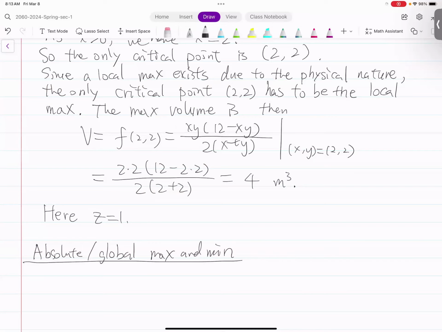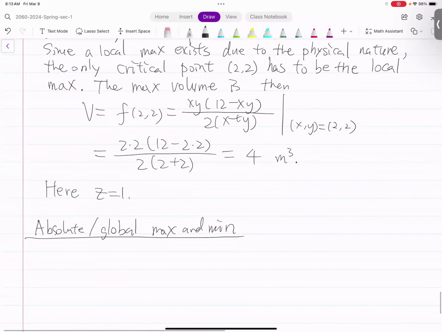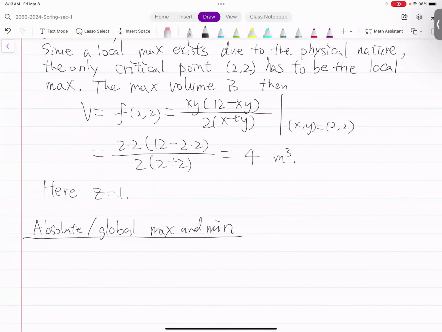So here, we mention that this is a concept from Calc 1. Here we'll give a definition. In the multivariable case, let's say we have two variables.